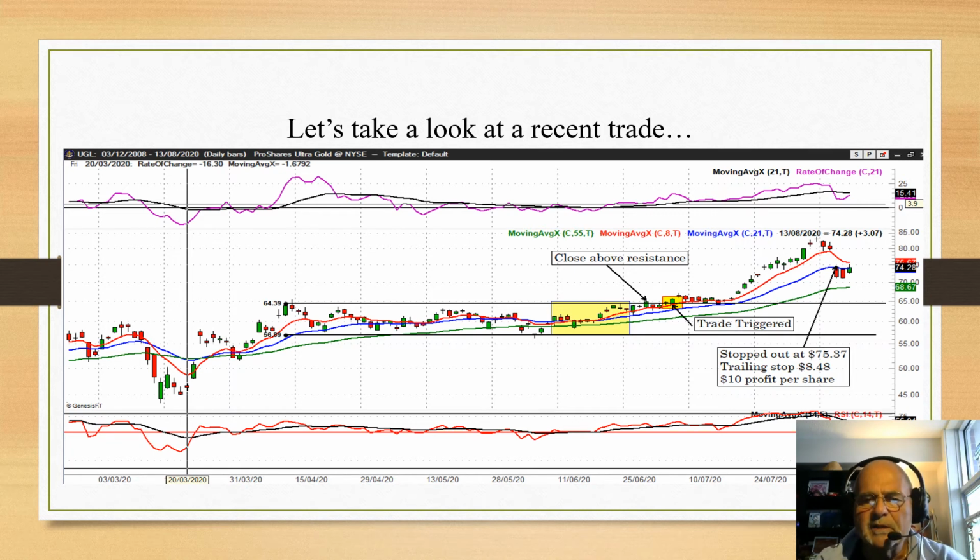So let's take a look at this recent trade that we had, and we have a theoretical trading exercise that takes place in the book, and it finishes April 30th. It started January 1st, 2020. That exercise continues on my blog as we keep using the same basic simple system throughout.